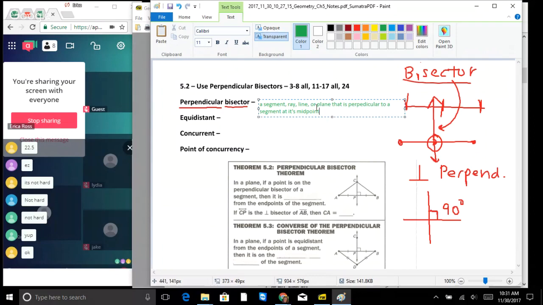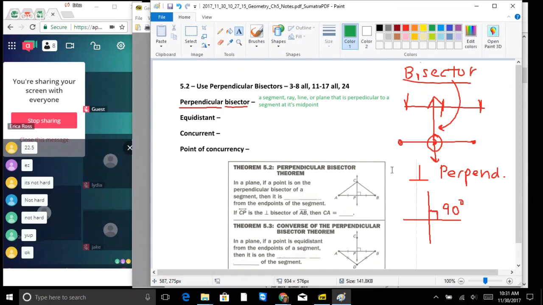Okay, so does that make sense what that is? It's anything that cuts another line at 90 degrees, basically.